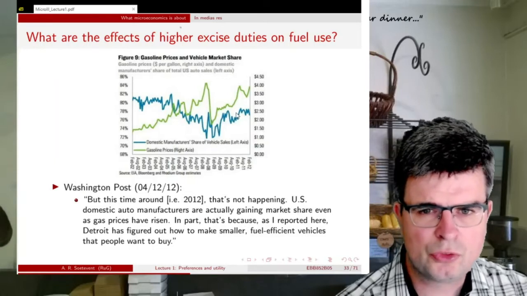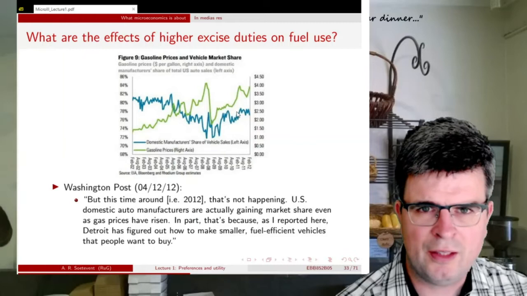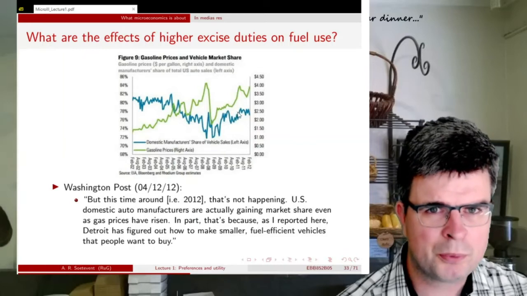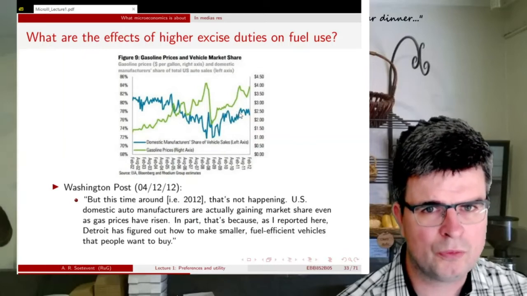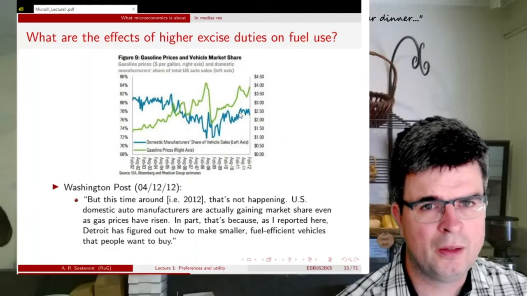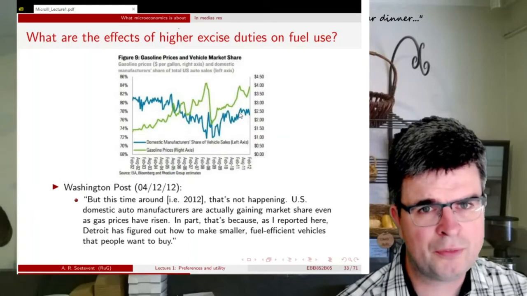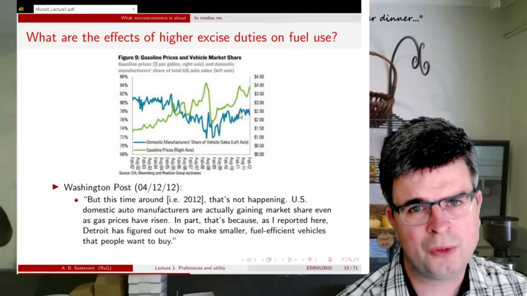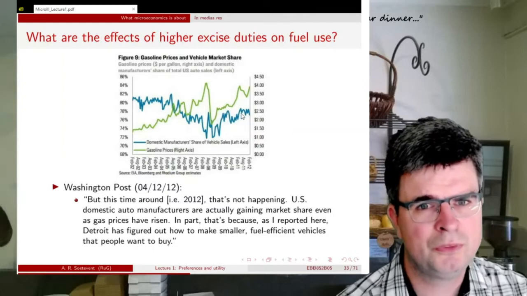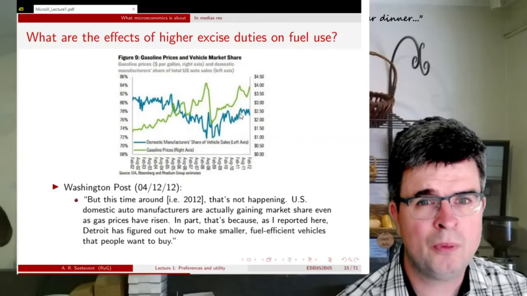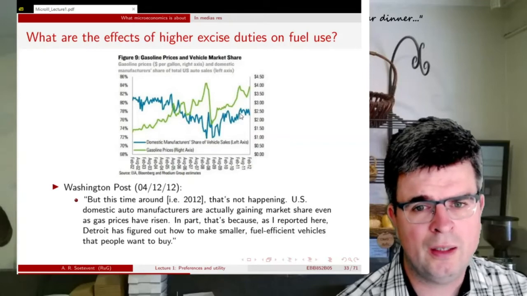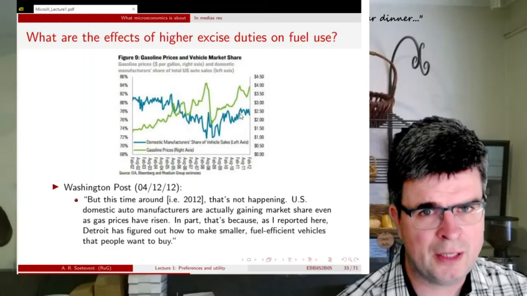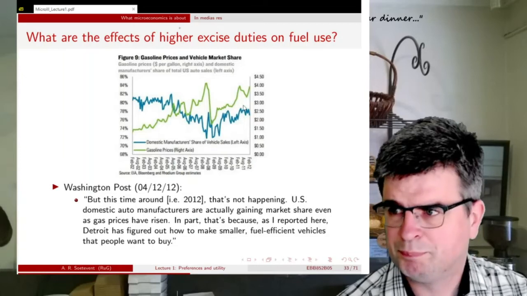And this is strong evidence that if you just hike up the fuel price, then firms will switch to manufacturing more fuel efficient cars, and consumers will also demand that type of cars. So the market is able to flatten things out and to arrive at a new equilibrium.